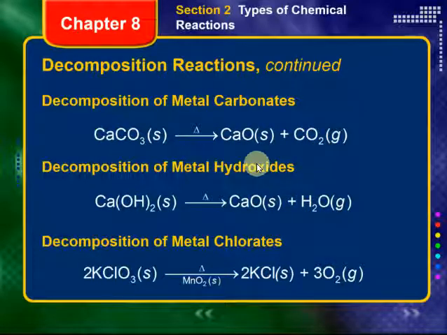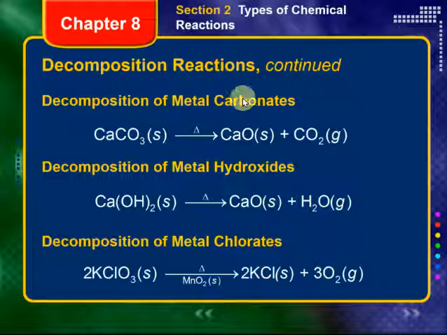We can decompose a metal hydroxide, right? Here's a metal, calcium, and then hydroxide. We can heat it and decompose it into calcium oxide and water. We can also decompose a metal chlorate, right? ClO3, that's a chlorate. Here's my metal, potassium. I can heat it in the presence of a catalyst to form potassium chloride and oxygen.